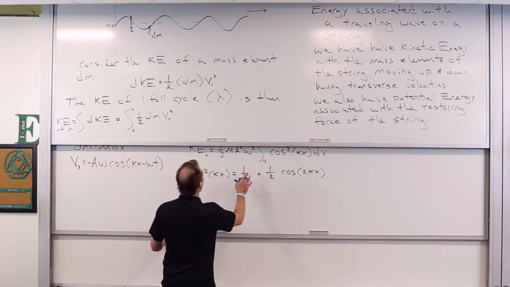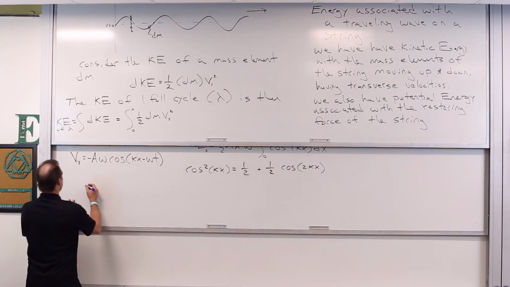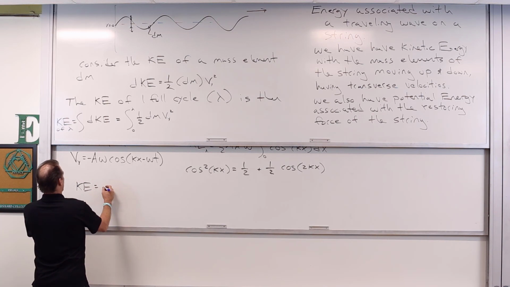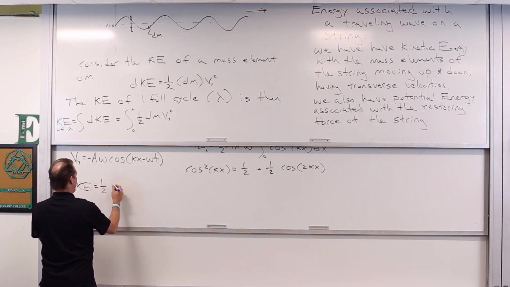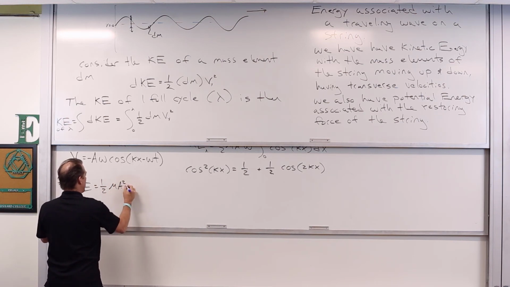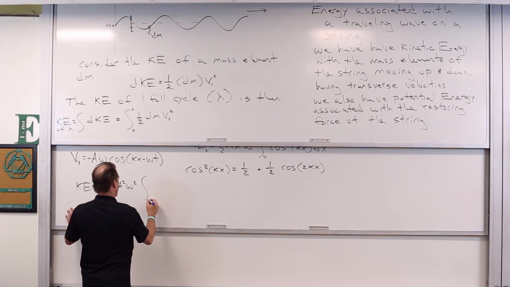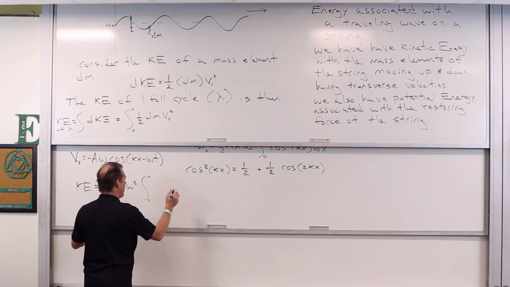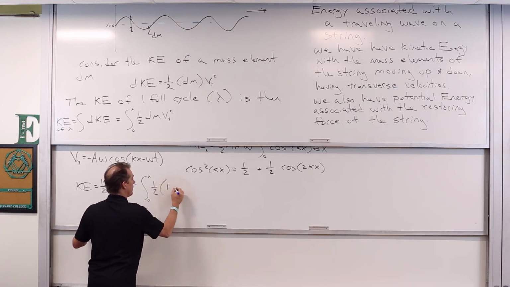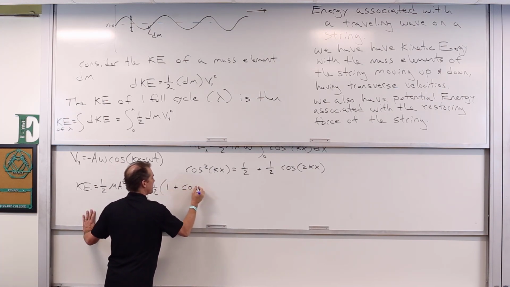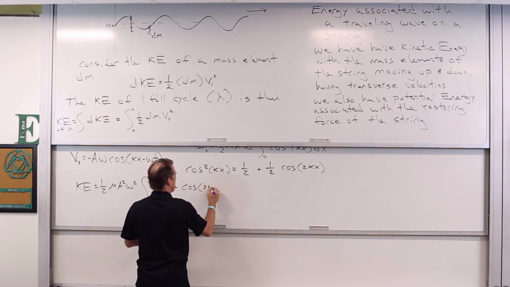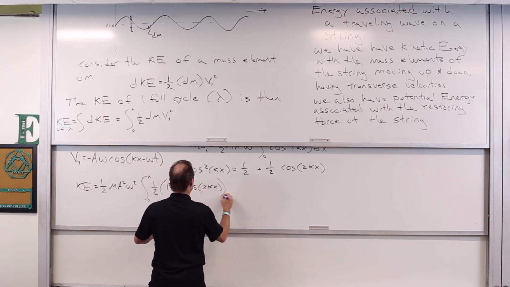Anyways, now we've got that Ke is equal to 1/2 multiplied by mu a squared omega squared times the integral from 0 to lambda of, factor out that 1/2, 1 plus the cosine of 2kx.